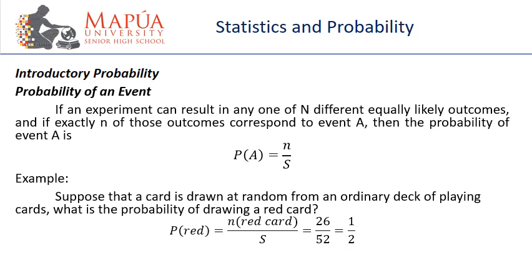The probability of drawing a red card will be equal to the number of outcomes for the red card divided by the total number of outcomes in the sample space S. The number of outcomes for the red card is 26, and the total number of outcomes in the sample space is 52. Hence, it will be 26 over 52, which equals 1/2.